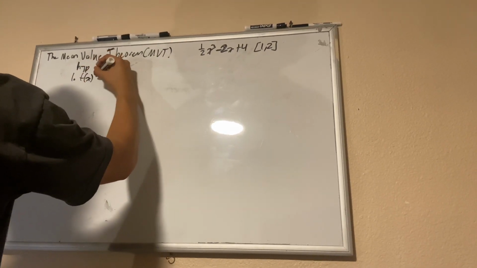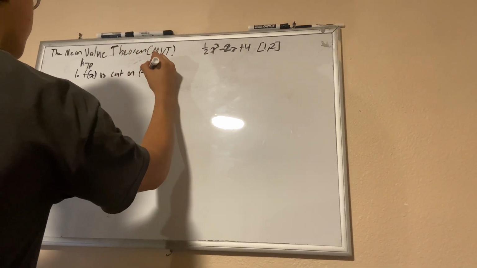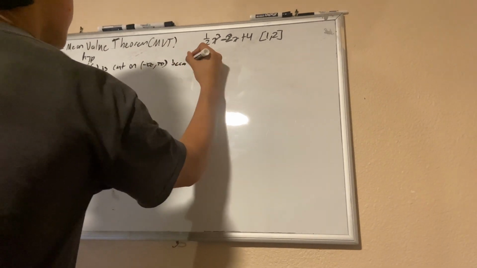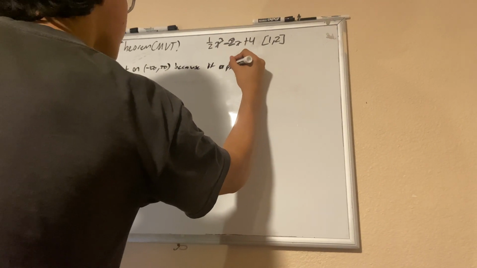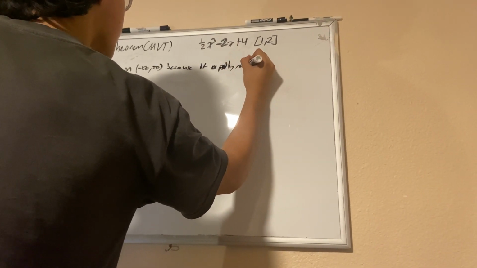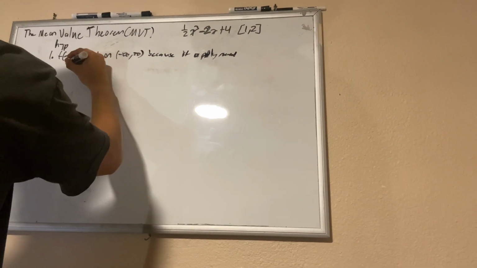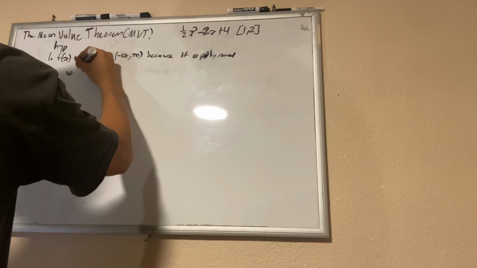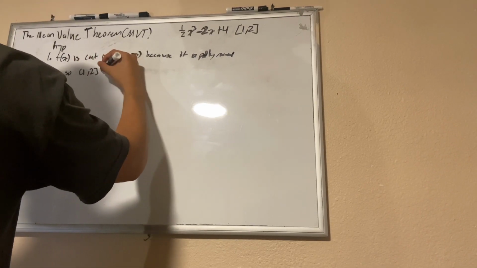And for this equation, f of x is continuous on negative infinity to infinity, and this is because it is a polynomial. And so this would mean that the points from 1 to 2 is also continuous.